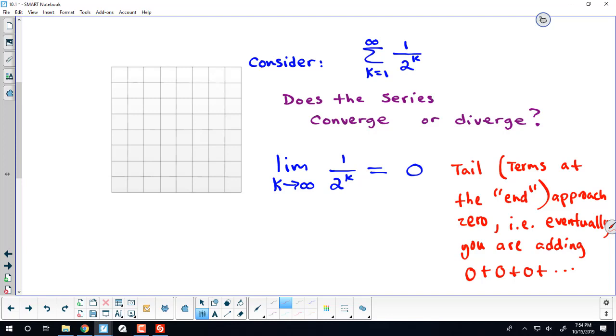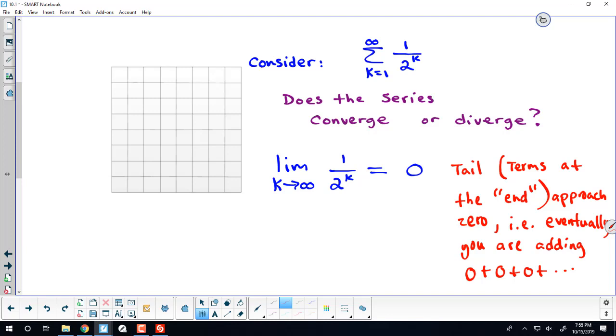So just because the terms way out here approach 0 doesn't guarantee convergence. The terms approaching zero is a necessary condition for convergence, but not sufficient. Necessary condition versus a sufficient condition are two totally different things.